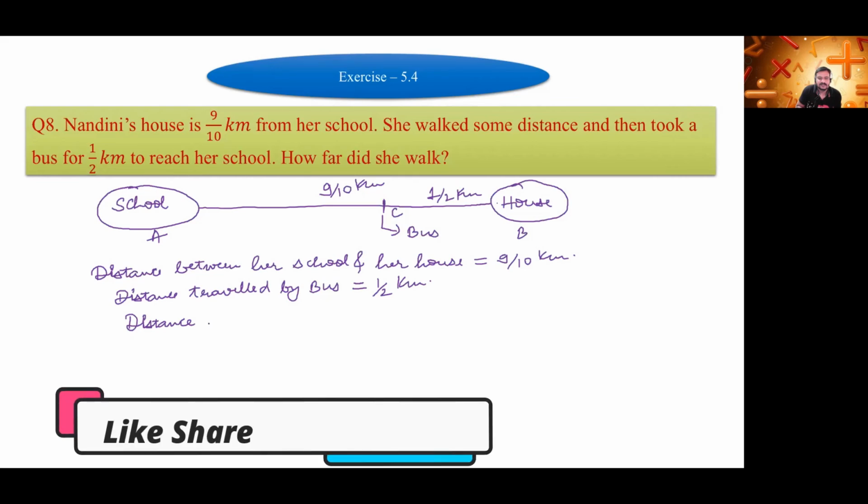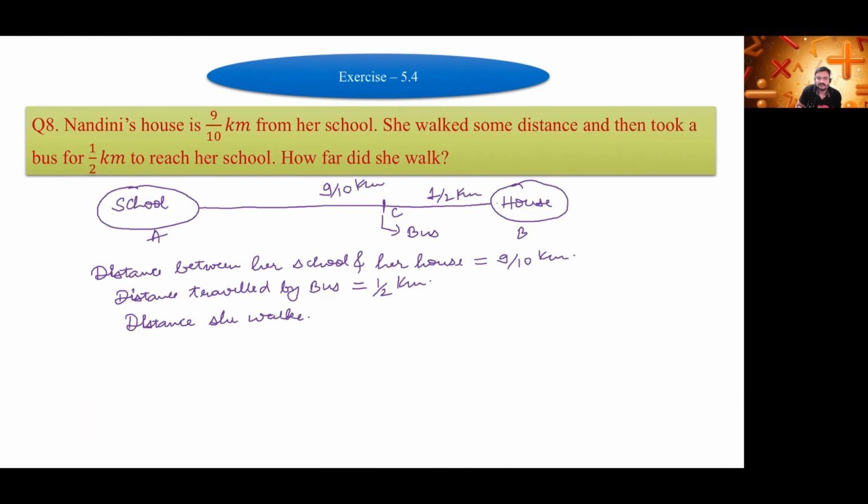Distance she walked is equal to x. We don't know it, so we will take it as x kilometers. The unit is kilometers.